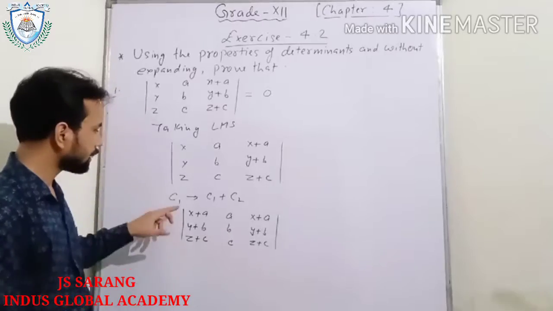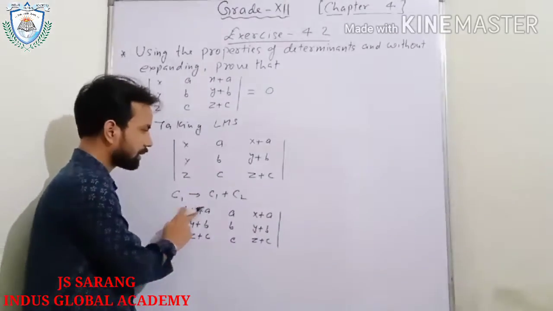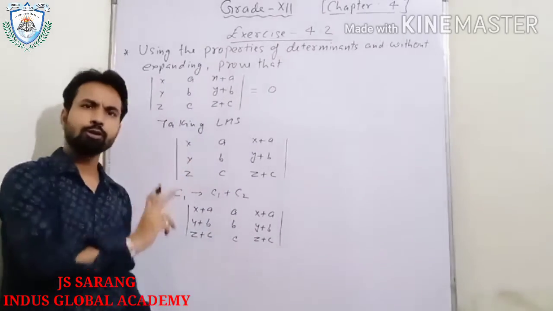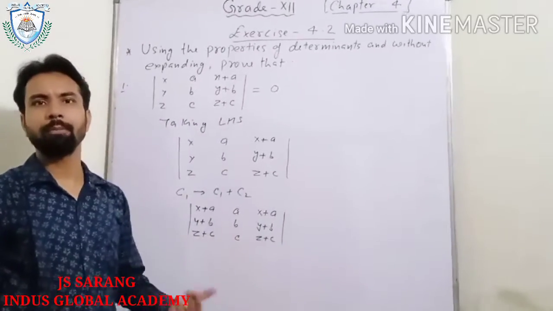Now see, here C1 and C3 are identical: x plus a, y plus b, z plus c. So these two columns are the same. That means the value of this determinant will be 0.